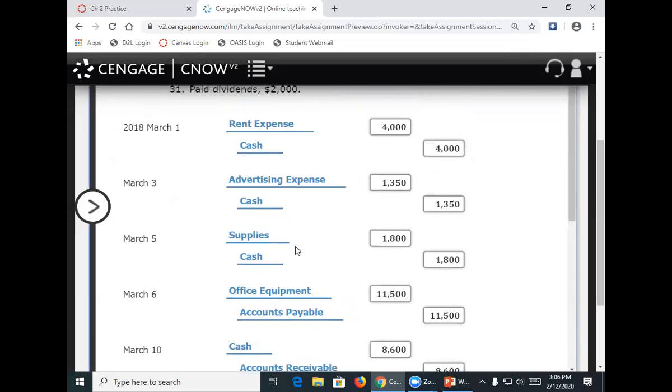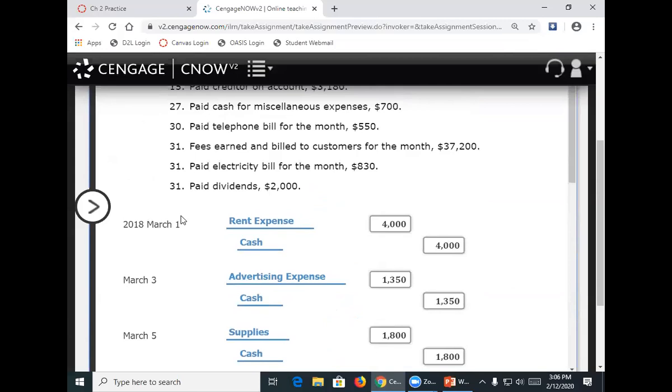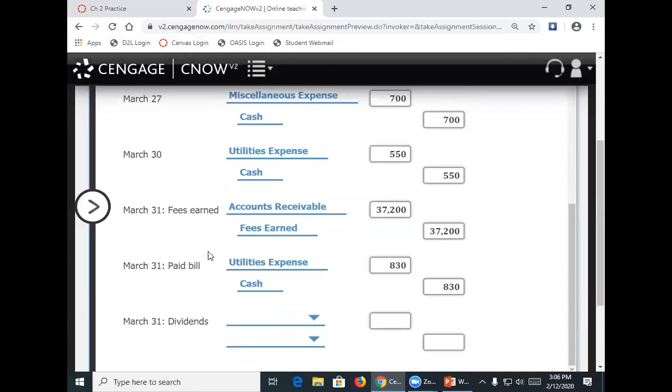And then last but not least, we have paid dividends of $2,000. Dividends expense? Just the dividends. It's actually just the account dividends gets debited because we're increasing our dividends. And then what do I credit? Cash.